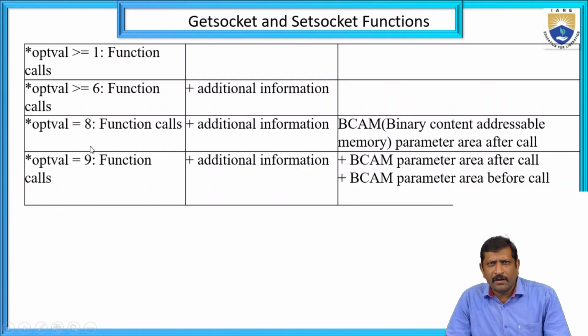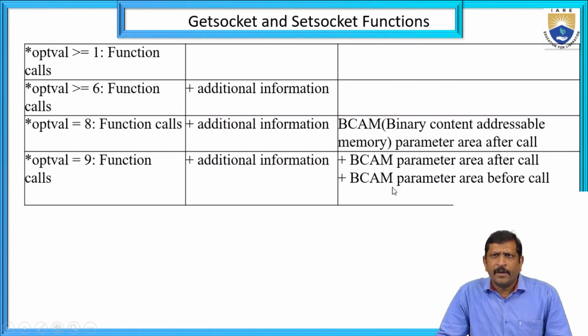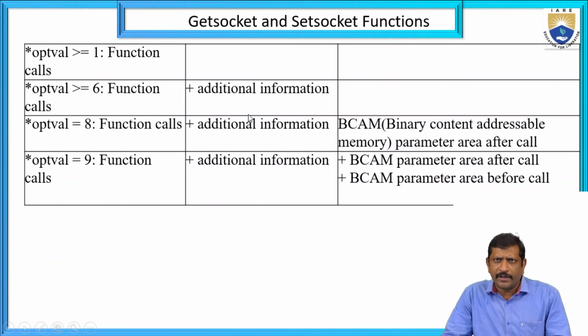Whenever the optional value is equal to 8, while calling the function using getsockopt and setsockopt, the binary content addressable parameters are utilized after calling the functions.